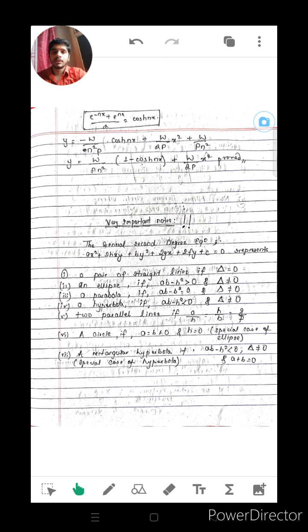So to check whether it is a hyperbola, straight line, ellipse or parabola, you must confirm this point by substituting the values of a, b, h and the determinant like this.